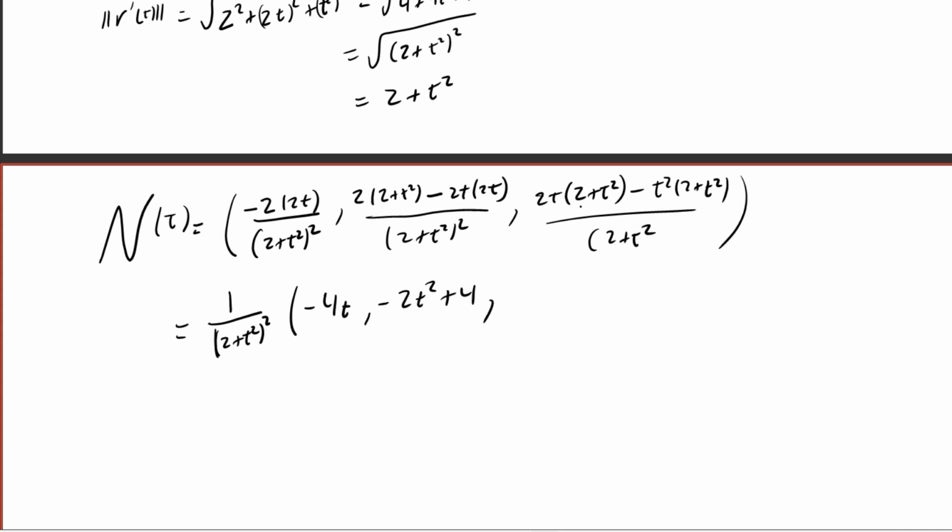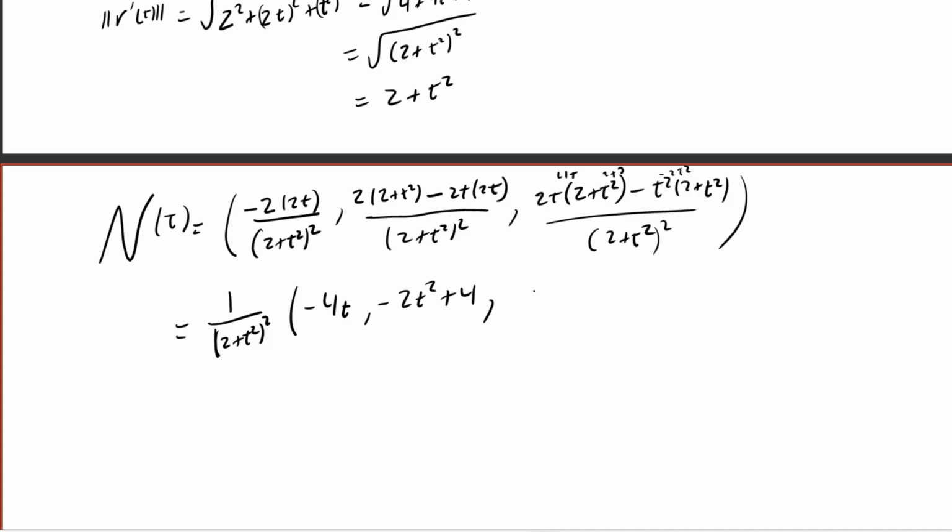And here we have 4t, here we have 2t cubed, minus 2t squared, minus t to the 4.